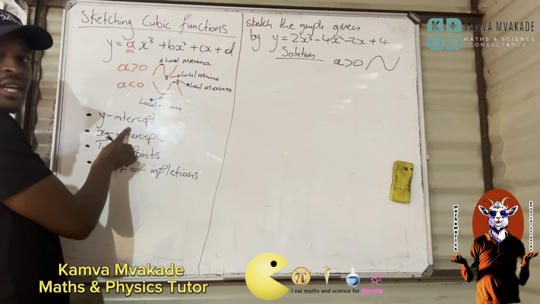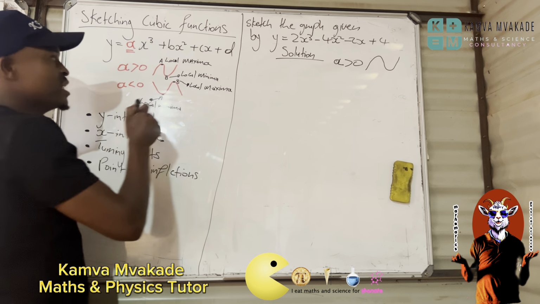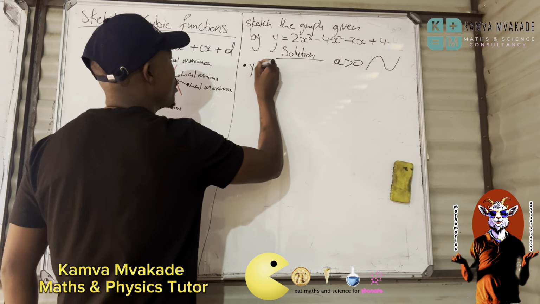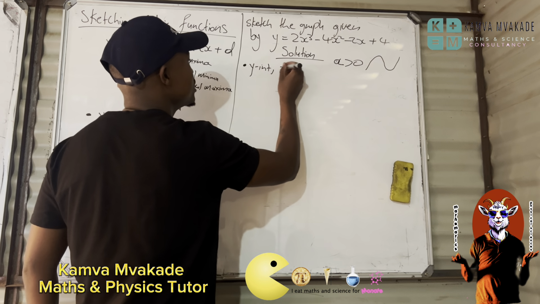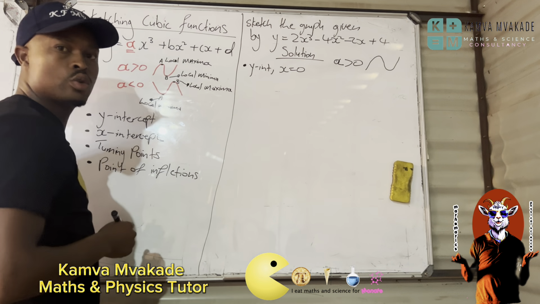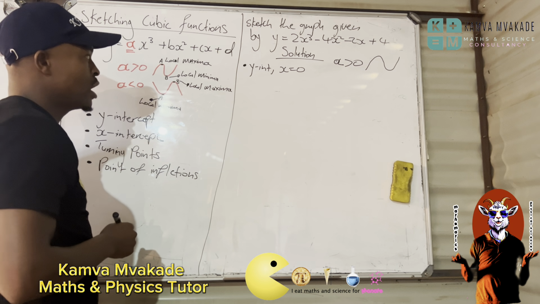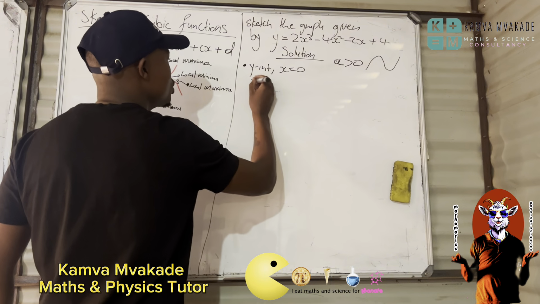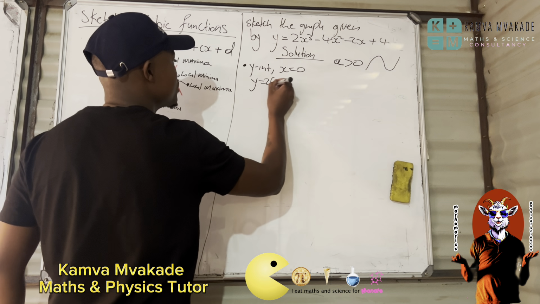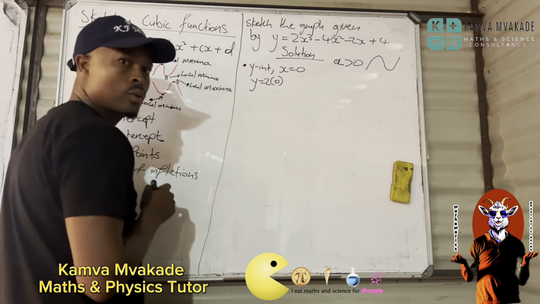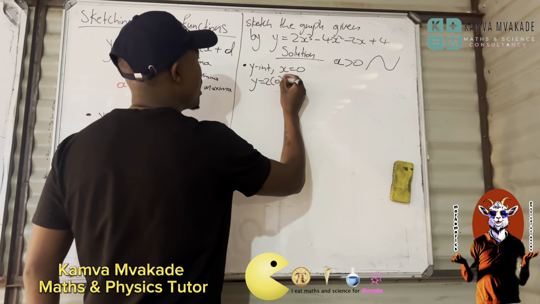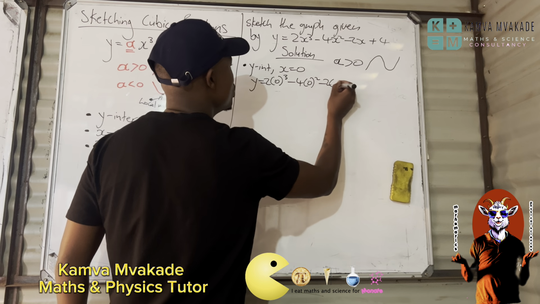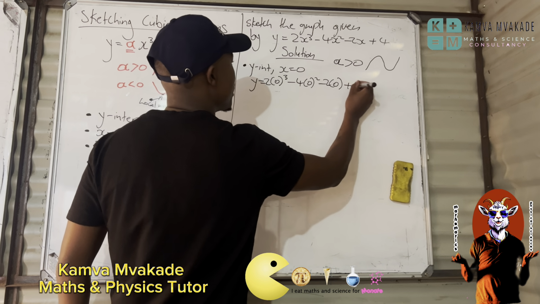Now, the y-intercept. How do we get the y-intercept? For the y-intercept, you always let x equal 0. Then we substitute 0 where we see x: y = 2(0)³ - 4(0)² - 2(0) + 4.